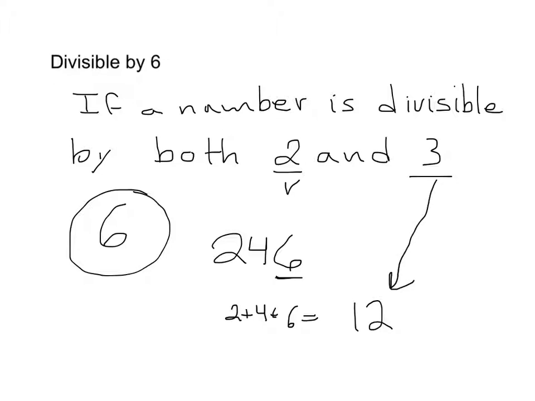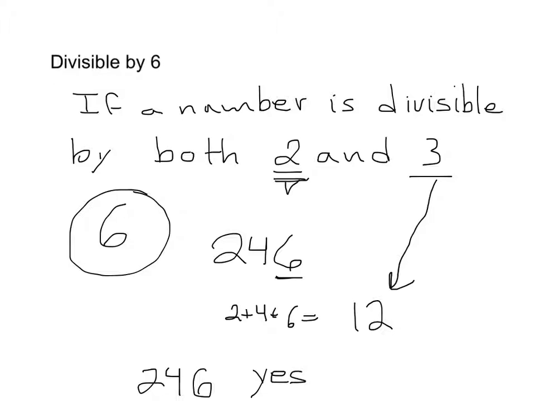Then you know that because it's an even number, it's divisible by 2, and because the sum of the digits is 12, which is divisible by 3, 246 is also divisible by 6. So 246 is divisible by 6, yes.